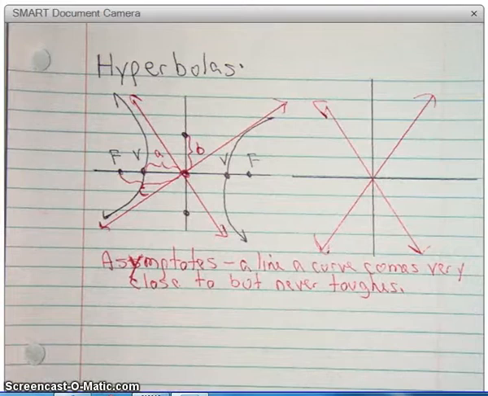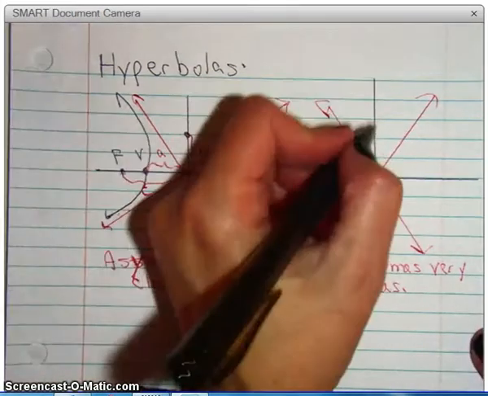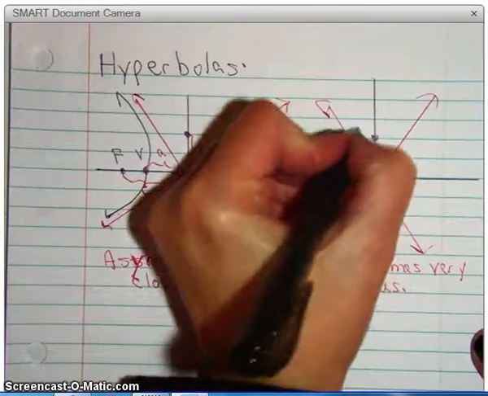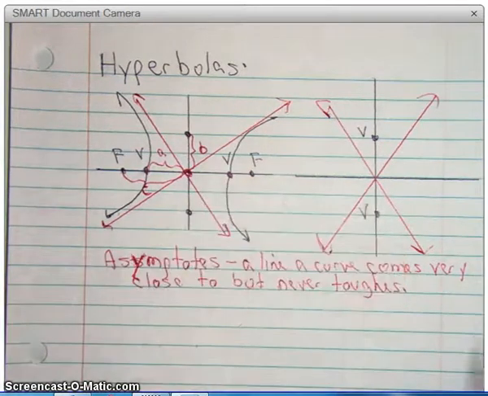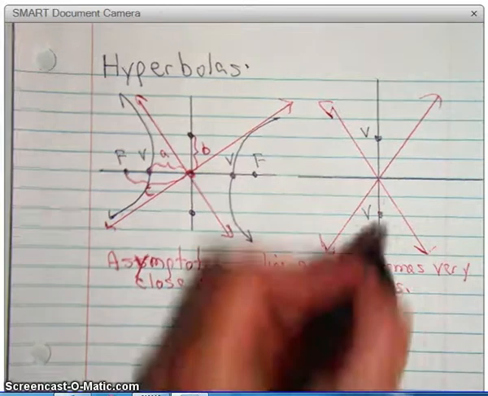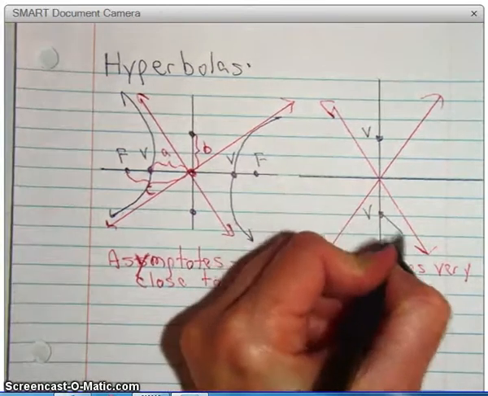Okay. So it has vertices. The branches have to go through the vertices, and that's what people mess up sometimes. They don't know where the branches go.